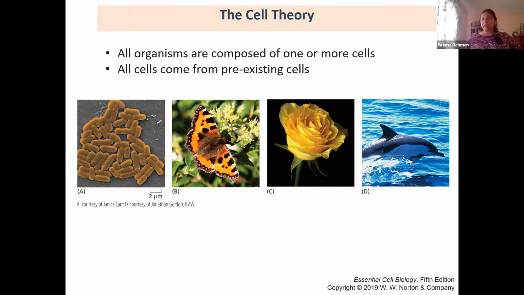Now, just because the cells vary so much in their appearance doesn't mean that they cannot still share some important components inside them, about the way they interact with the environment or the requirements that they have in order to be called living cells. So the cell theory basically talks about how all organisms, anything that has come to be living on Earth, is composed of either a single cell or multiple cells, and that all of these cells have come from some pre-existing cells.